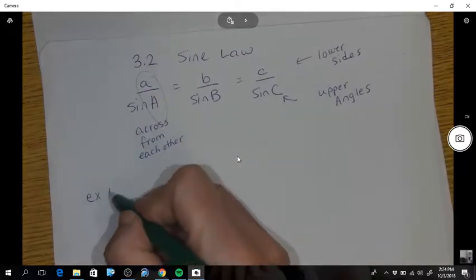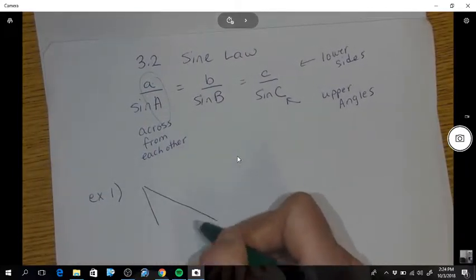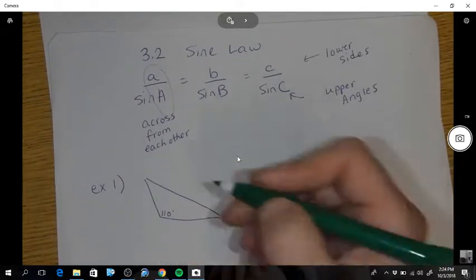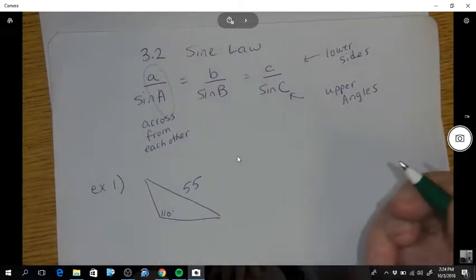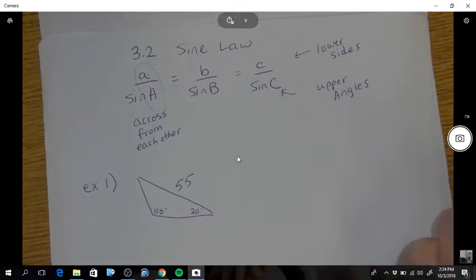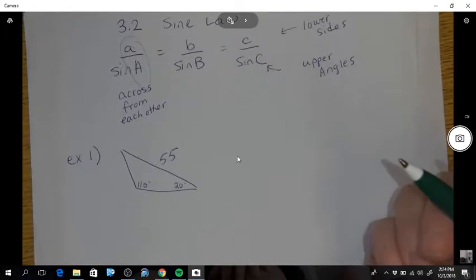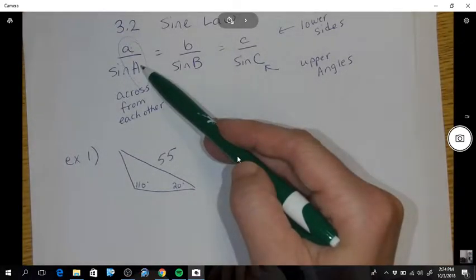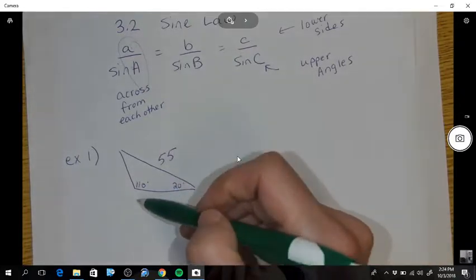Example 1. All right, pardon my lovely drawings here. 110, 55, and we have another 20 degrees. Okay, so sine law says that you must have a side and angle across from each other to use it.